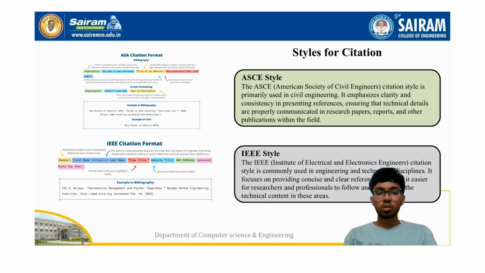Two of the most common styles are the ASCE style and the IEEE style. First let us go through the ASCE style, and here we have given a sample of what an ASCE style looks like.